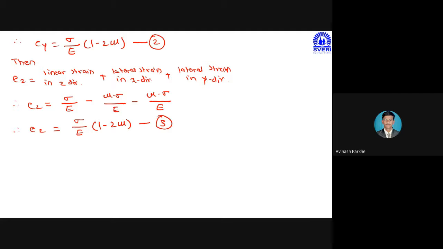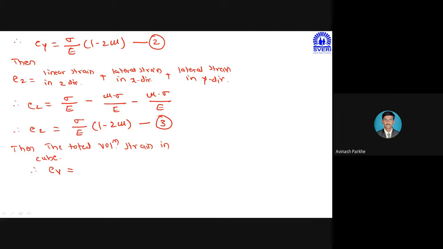Now, this is the epsilon x, epsilon y, and epsilon z strain we have calculated in all three directions. Now, if I have to calculate the total volumetric strain in the cube, what will be the formula?